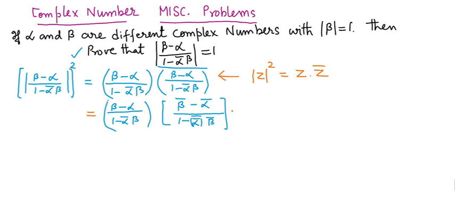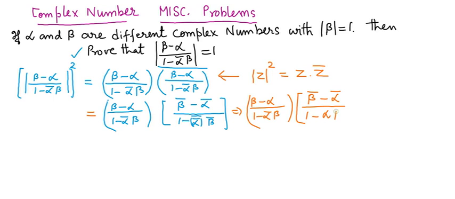The first part is beta minus alpha upon 1 minus conjugate of alpha into beta as it is, and this is the second one: conjugate of beta minus conjugate of alpha upon 1 minus alpha conjugate of beta, because the conjugate of the conjugate of any complex number will equal only that complex number, that is, beta.